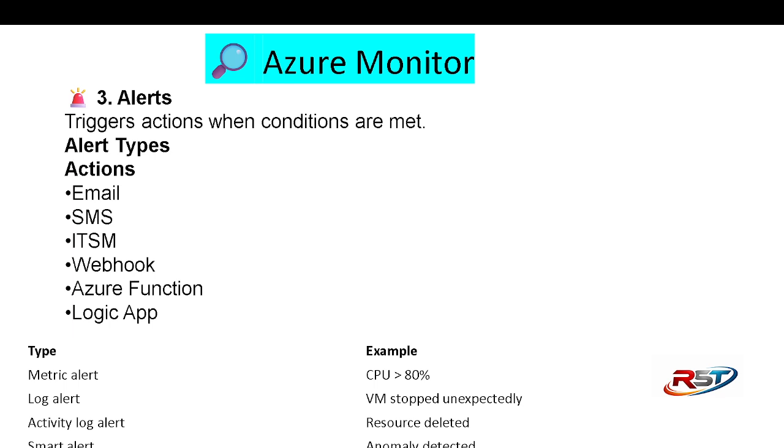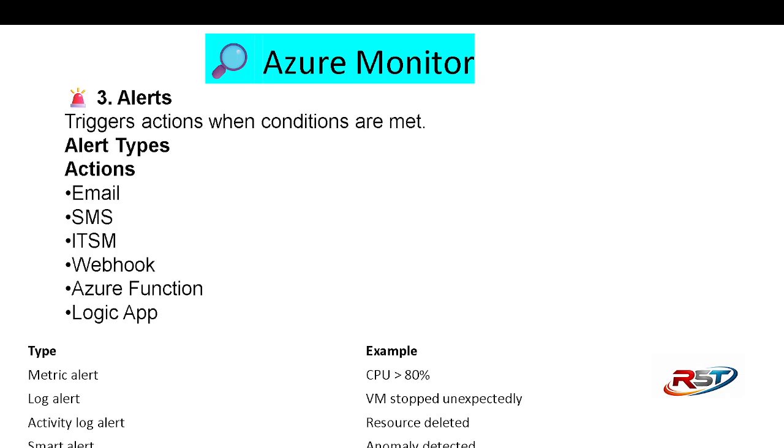So we use ServiceNow, right? And other service management tools. Action means it triggers an incident, webhook, Azure Function, Logic App. So when we give the conditions, as per that it will trigger the alert to all these: email, SMS, ITSM, webhook, Azure Function, Logic App.